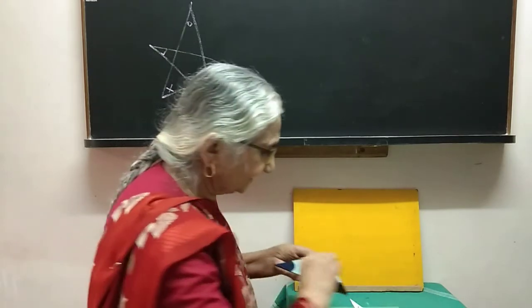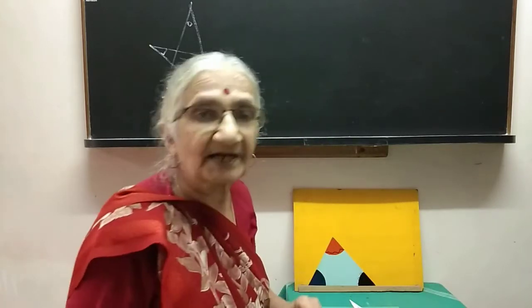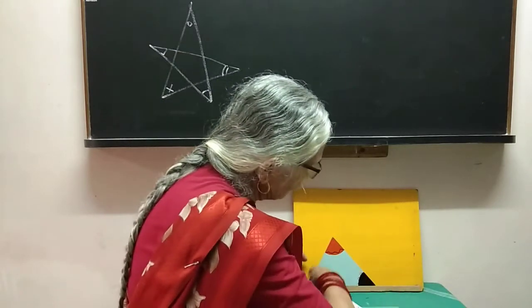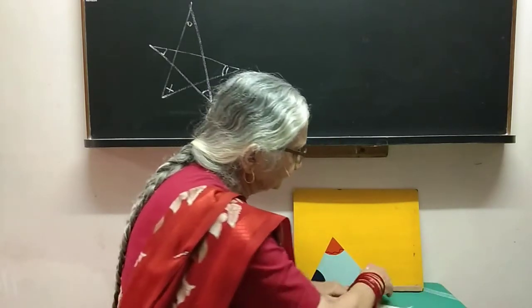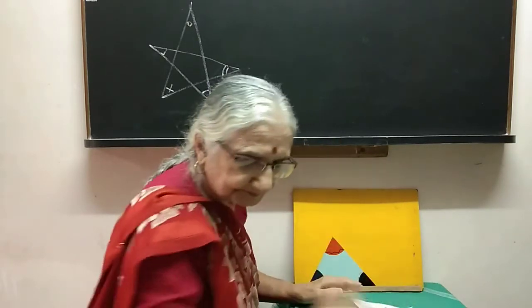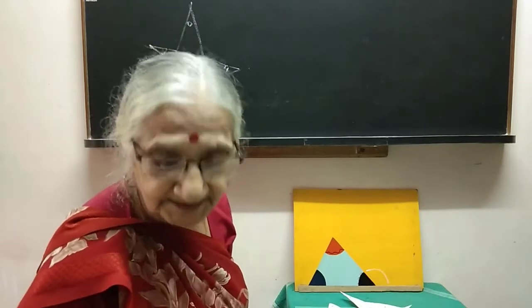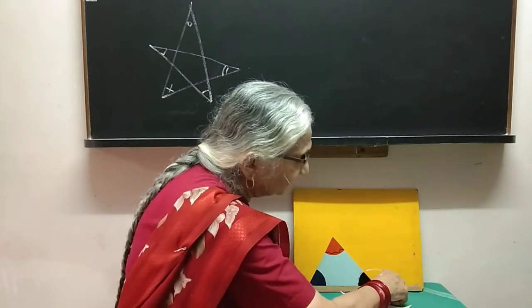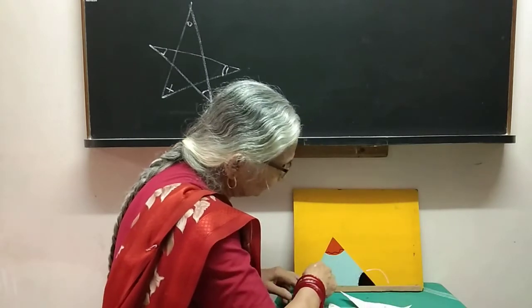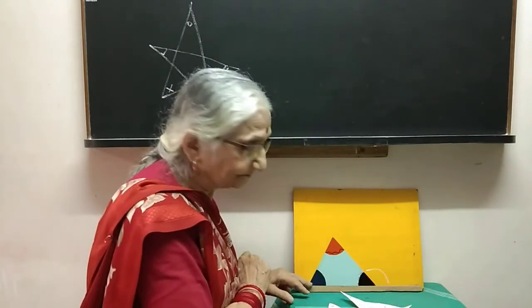But we know that there is a result for the exterior angle of a triangle. Like this is a triangle, if we extend this side over here, then this angle is the exterior angle. And the result for the exterior angle is that the exterior angle of a triangle is equal to the sum of the 2 interior opposite angles.